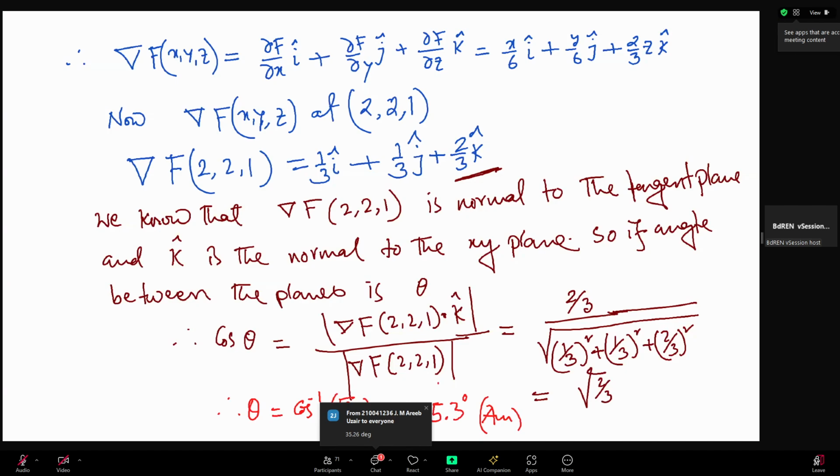Now I go for our last part, that is the comparison between the gradient of a function of two variables and a function of three variables. So you know that gradient is representing the normal at any point.